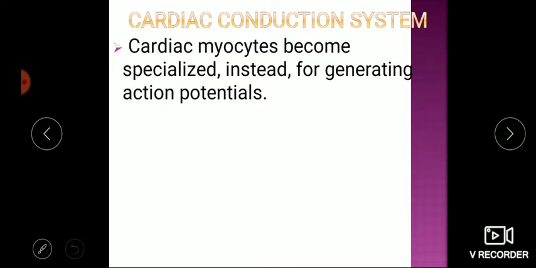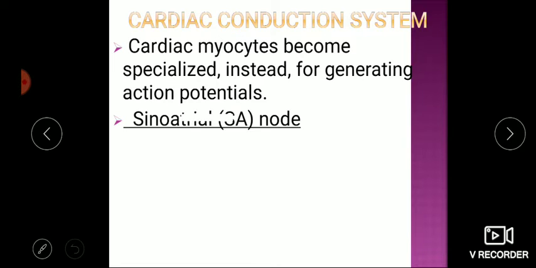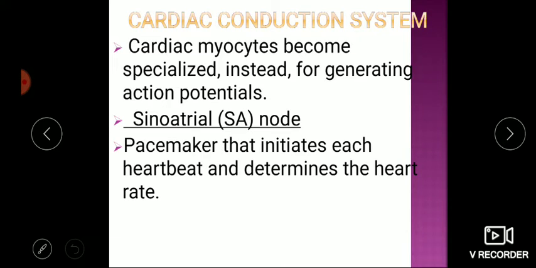Now in this cardiac conduction system, cardiac myocytes become specialized for generating action potentials. The SA node is the pacemaker that initiates each heartbeat and determines the heart rate. Out of all these conducting tissues of the heart, the SA node, AV node, bundle branches and Purkinje fibers, the SA node generates impulses at the fastest rate.